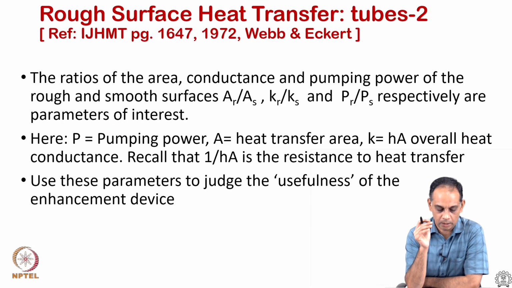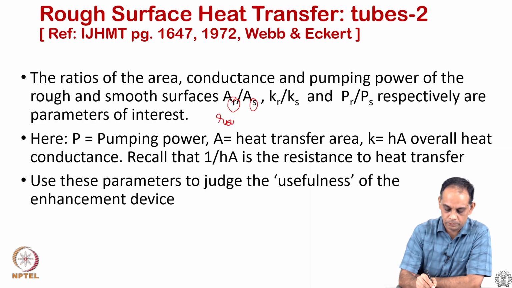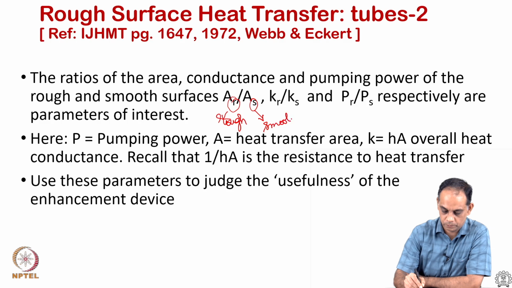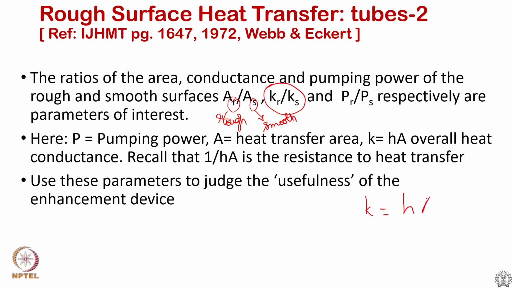So, the main ratios of interest are that we refer to R for rough tubes and S for smooth tubes. K is the conductance. Conductance K here is nothing but heat transfer coefficient times surface area. This K is the convective conductance, and capital P here refers to the pumping power.